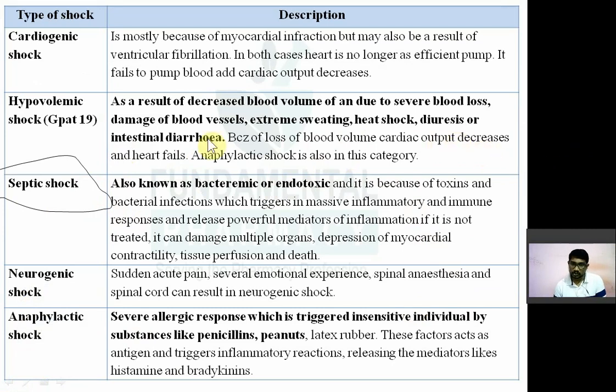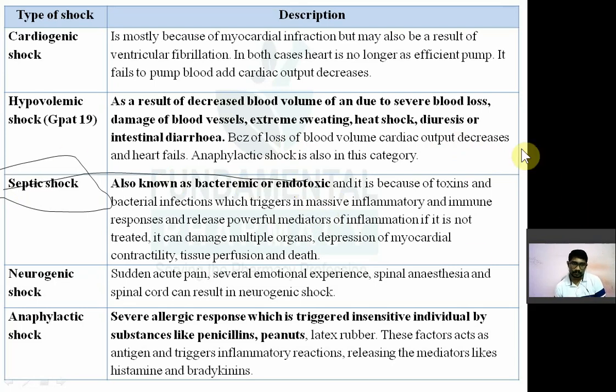Remember, bacteremic or endotoxic shock, and it is because of toxins and bacterial infection which trigger a massive inflammatory and immune response and release of powerful mediators of inflammation like histamine, bradykinin, serotonin, etc. It can damage multiple organs. It can decrease myocardial contractility also. Tissue perfusion rate will also decrease and there will be death, known as septic shock.